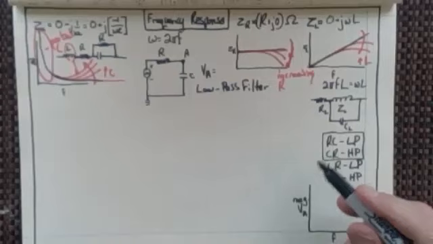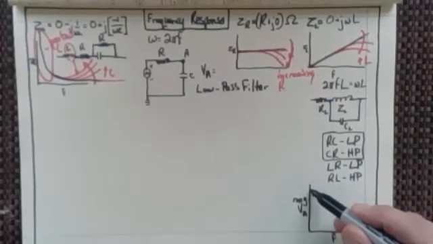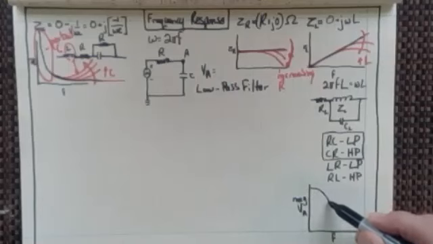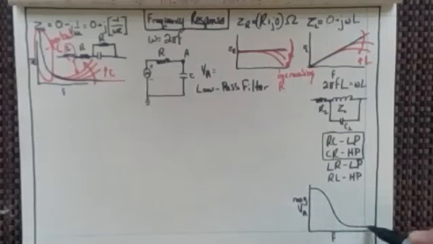Since I know it's an RC filter, I know that its response to frequency is going to look something like this, right? Low pass. A low pass filter lets the low frequencies through and cuts the high frequencies off.